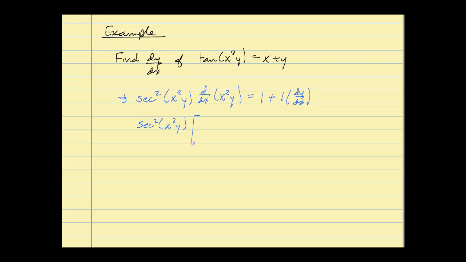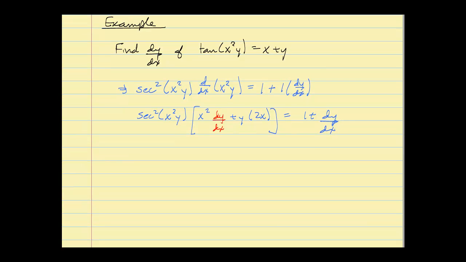Now I'm going to have a product rule. So my product rule is going to be the first function, which is x squared, times the derivative of y with respect to x, which is 1 dy/dx. Plus the second function times the derivative of the first function. And then on the right hand side I have 1 plus dy/dx.